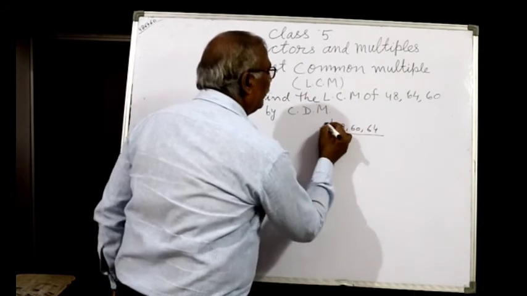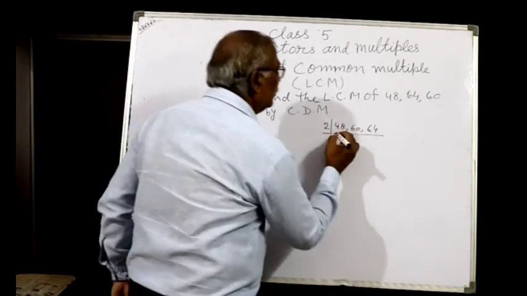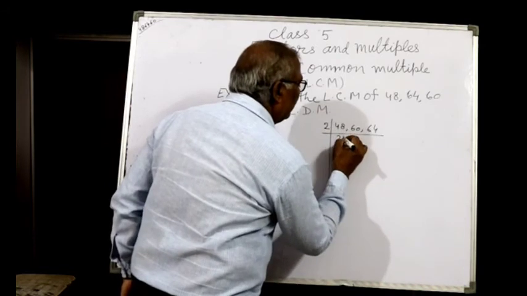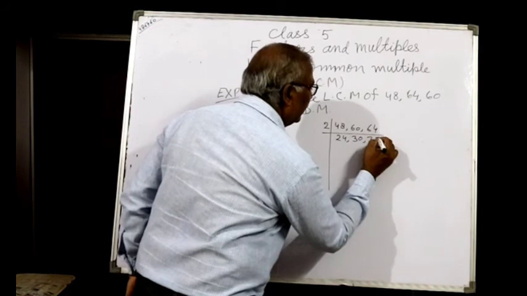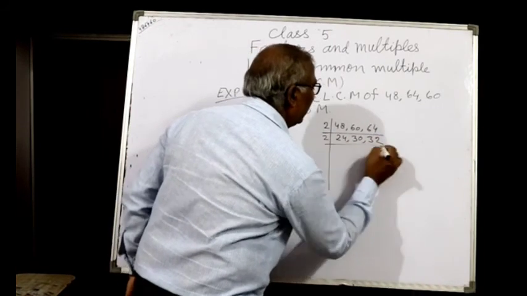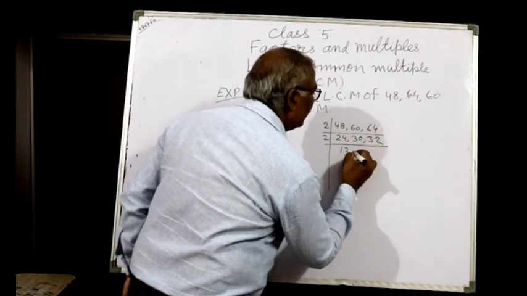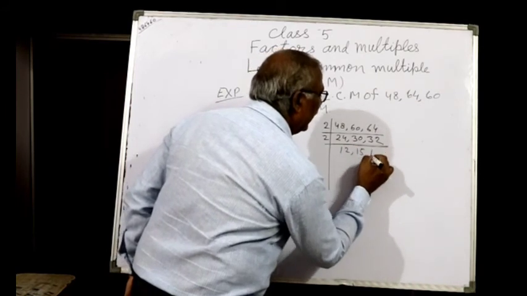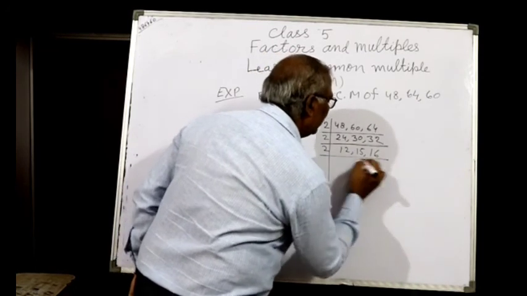Now we first divide all these numbers by 2. It is 24, 30 and 32. Again divide by 2. 12, 15 and 16.